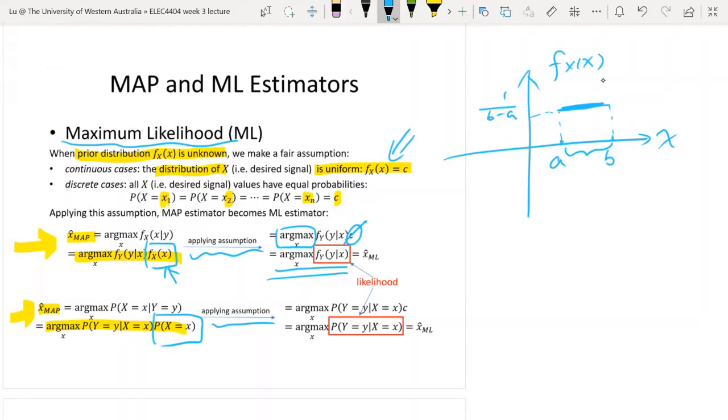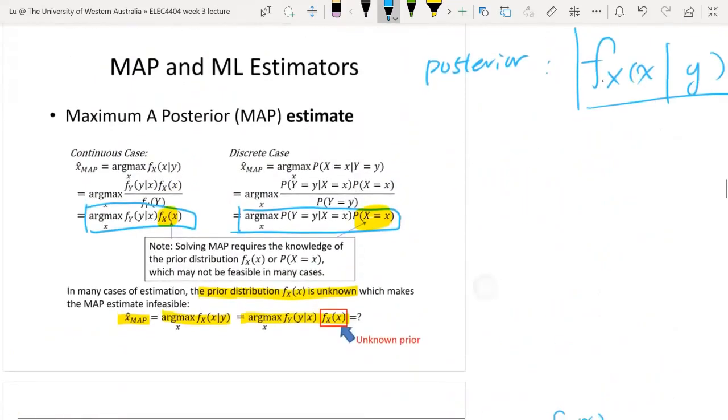And the difference between these two estimators is, for the MAP estimator, we go back here, you have to use such likelihood distribution plus your information or knowledge regarding your prior distribution to work out your result.